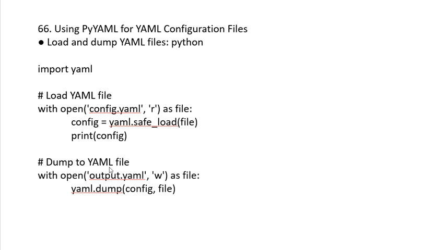Dump to the YAML files with open('output.yaml', 'w') as file: yaml.dump(config, file).